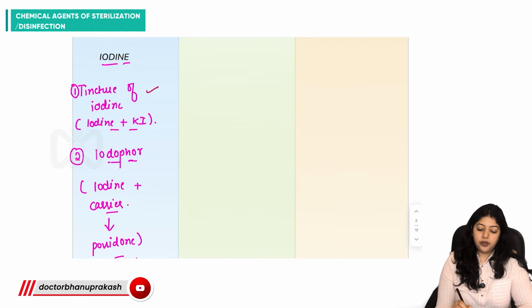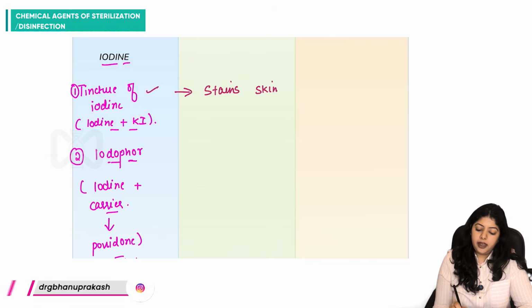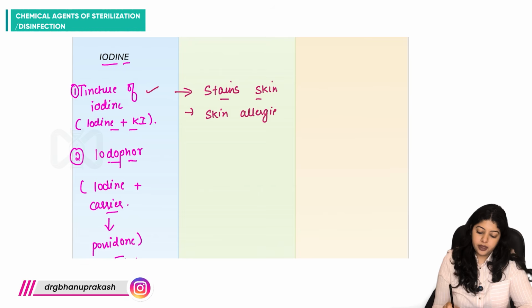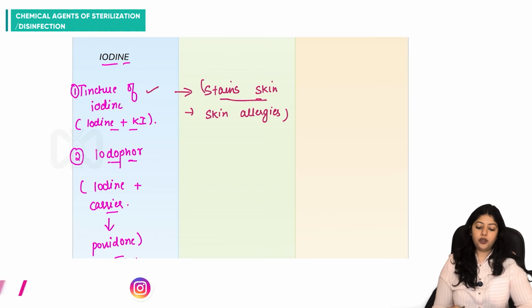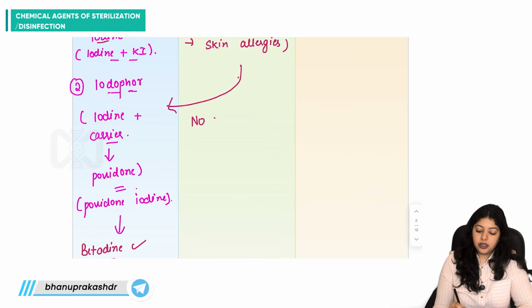So tincture of iodine, it stains the skin, and it also causes skin allergies. And this disadvantage of tincture of iodine has been overcome by iodophore, which does not stain the skin, no staining, and no allergies.